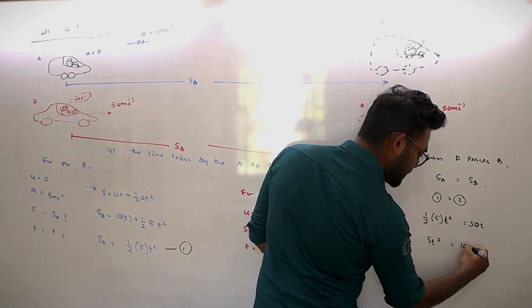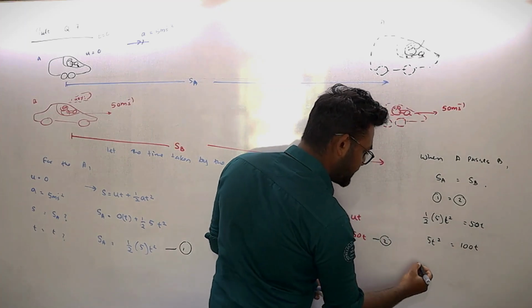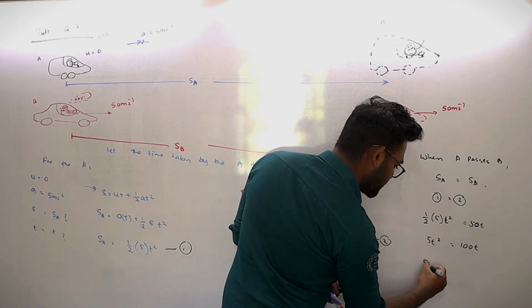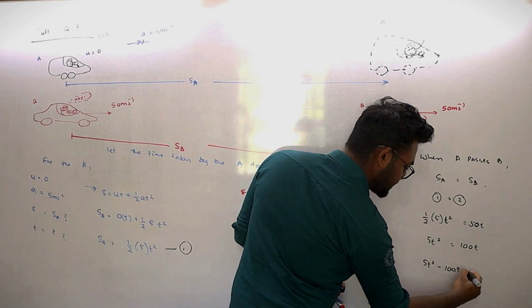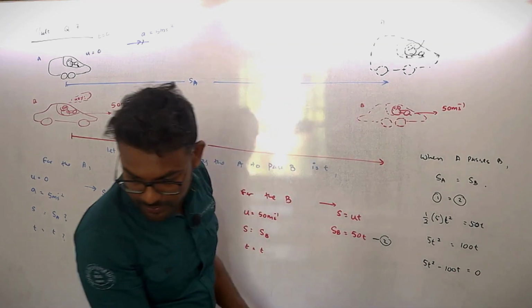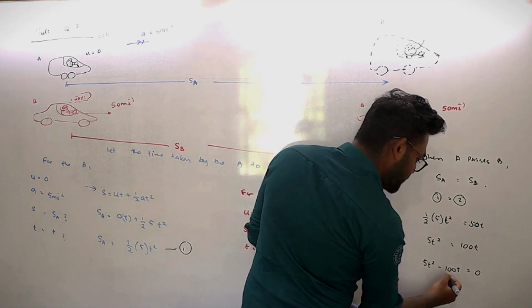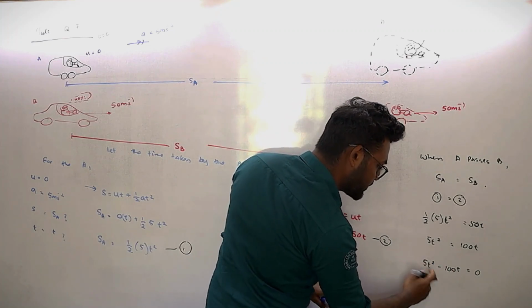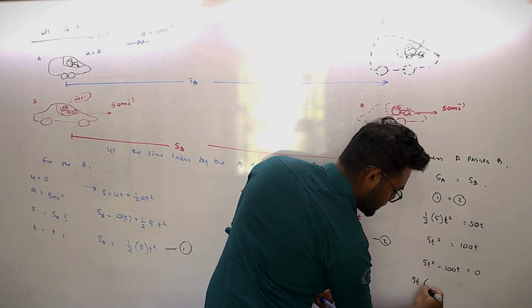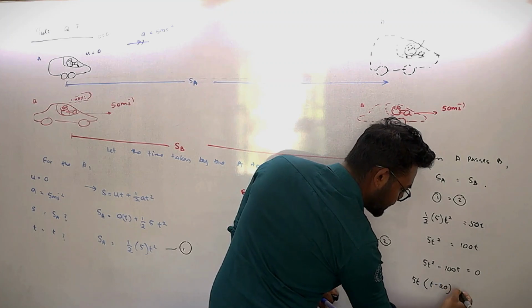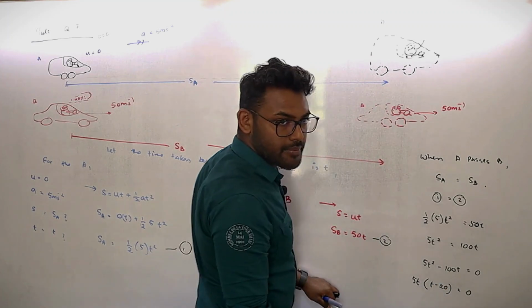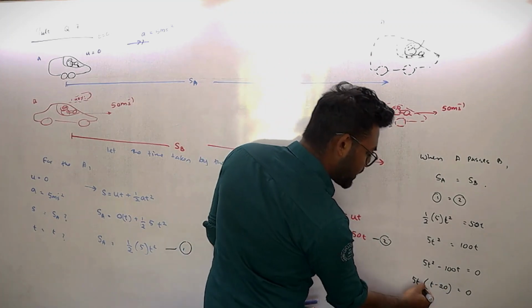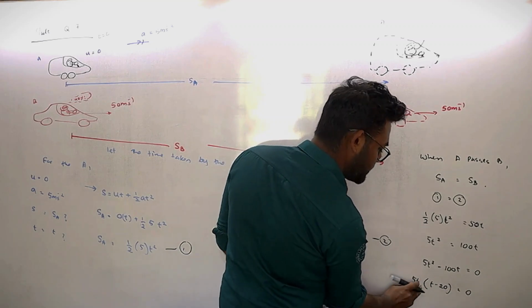Then it equals 100t, and I'm taking the 100t to this side, so it becomes minus 100 into t equals 0, right? Then you can see here the t is common, so I can take the t out. Also there's the 5 common, so I can take the 5t out. Then t minus 20 is there, equals 0. So we're going to have the product to be 0.